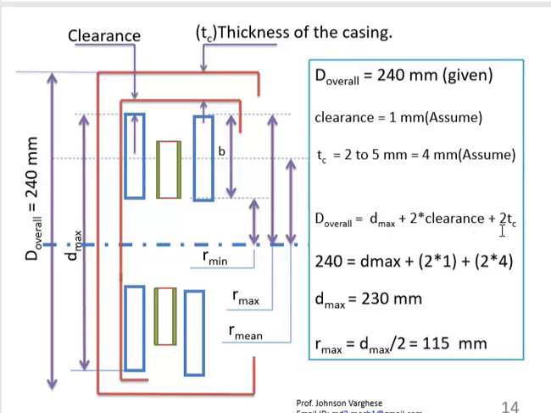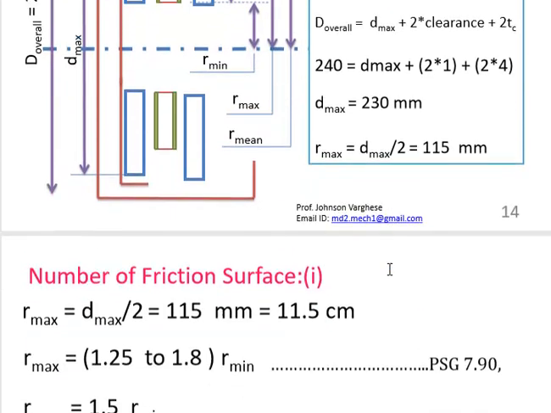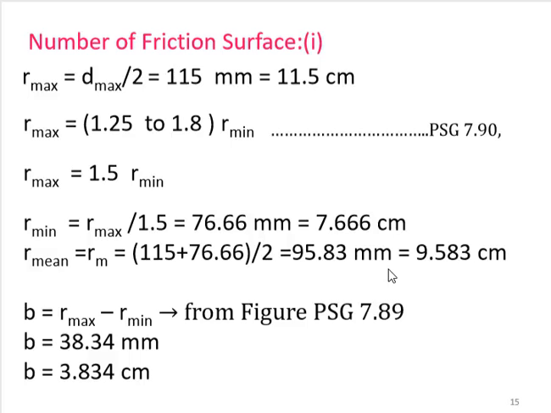When we substitute clearance, casing thickness and D overall, D max comes around 230 mm. Now R max comes around 115 mm. So we now know the maximum radius of the plate. After knowing that, there is a relation given in PSG 7.90 between R max and R minimum.